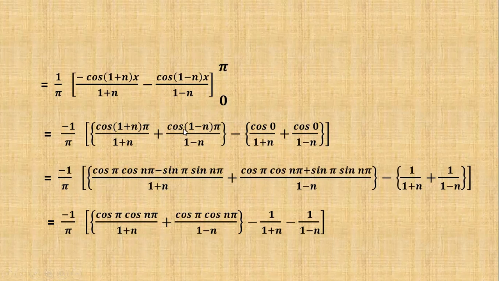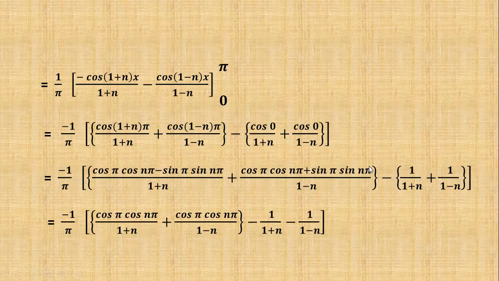And also here cos a minus b formula: cos a cos b plus sin a sin b. Here a is equal to pi, b is equal to n pi. Therefore, cos pi into cos n pi plus sin pi into sin n pi by 1 minus n. Here cos 0 is equal to 1, by 1 plus n. Cos 0 is equal to 1, by 1 minus n. Therefore, minus 1 by pi into, here sin n pi is 0. Therefore, this total term is 0.